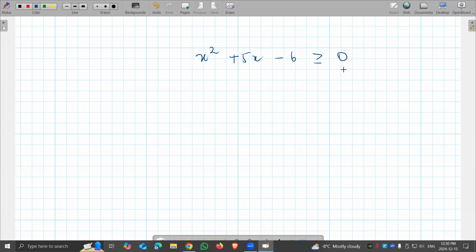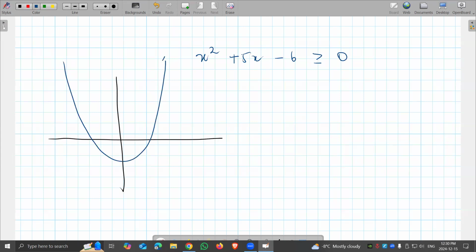It's a quadratic. Just by looking at this inequality, could you tell me whether or not this function has x-intercepts? Yes or no? It does, right? Is it opening up or down? Up. So it looks something like this.